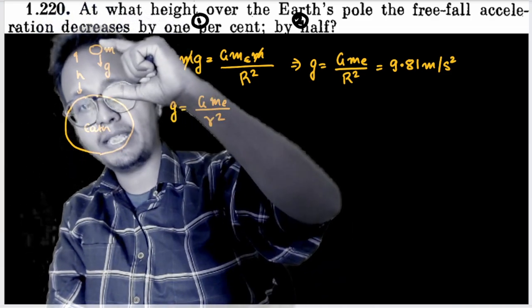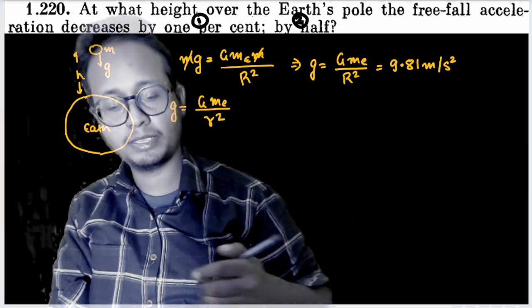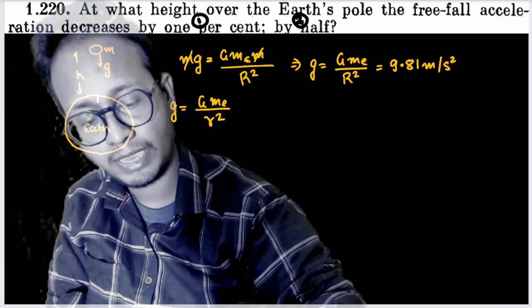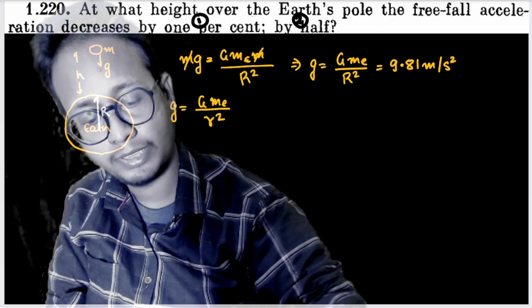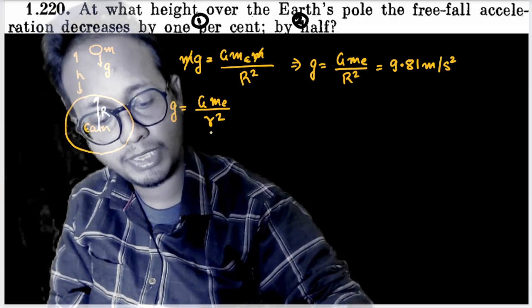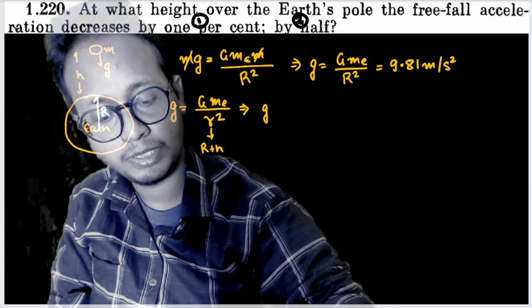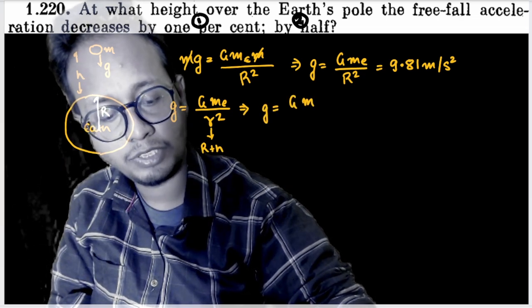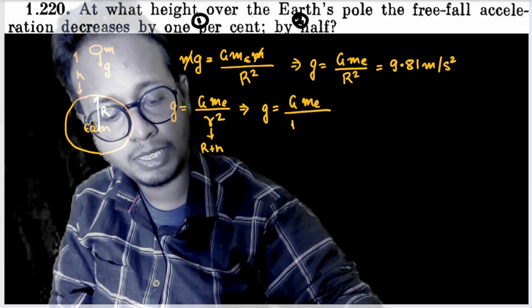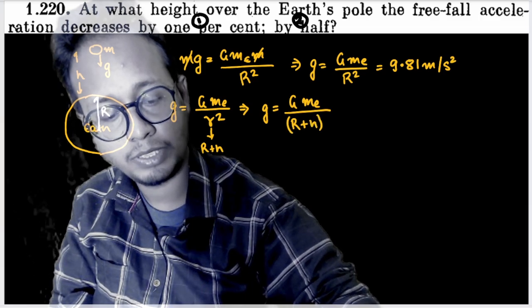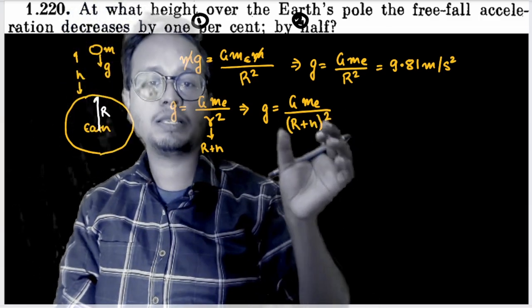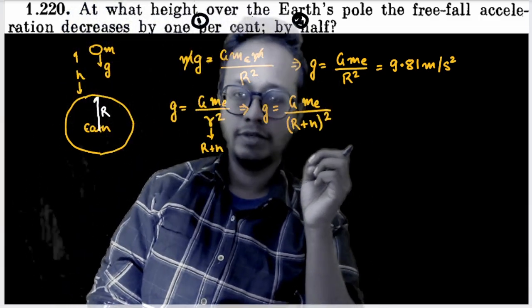If the height is given as h and the radius of Earth is capital R, this R gets replaced by R plus h. So g is G, the gravitational constant, times mass of Earth divided by radius of Earth plus height, whole square. This is the actual formula to find the gravitational force at whichever height.